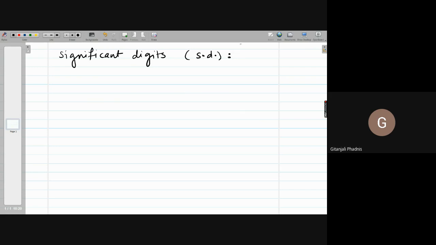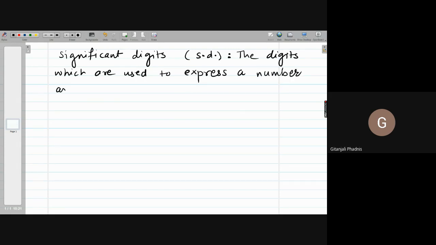You can use SD as significant digits whenever it is used in mathematics.